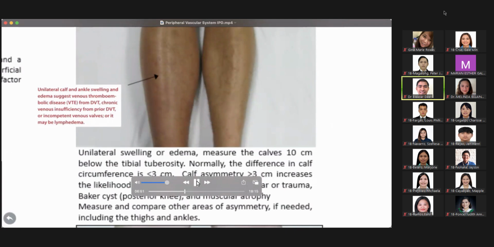If it is unilateral swelling, measure the calf 10 centimeters below the tibial tuberosity. If there is asymmetry of more than 3 centimeters, it increases the likelihood of DVT. Or it can also be lymphedema.